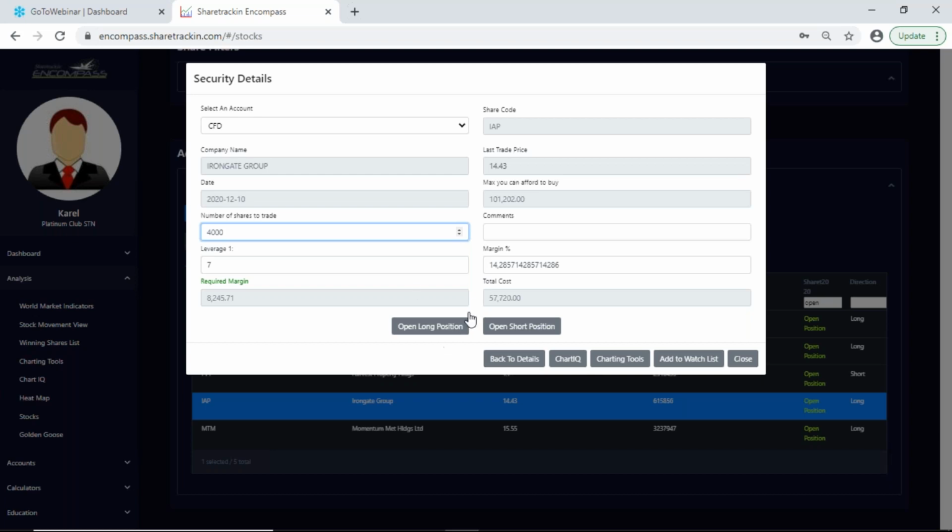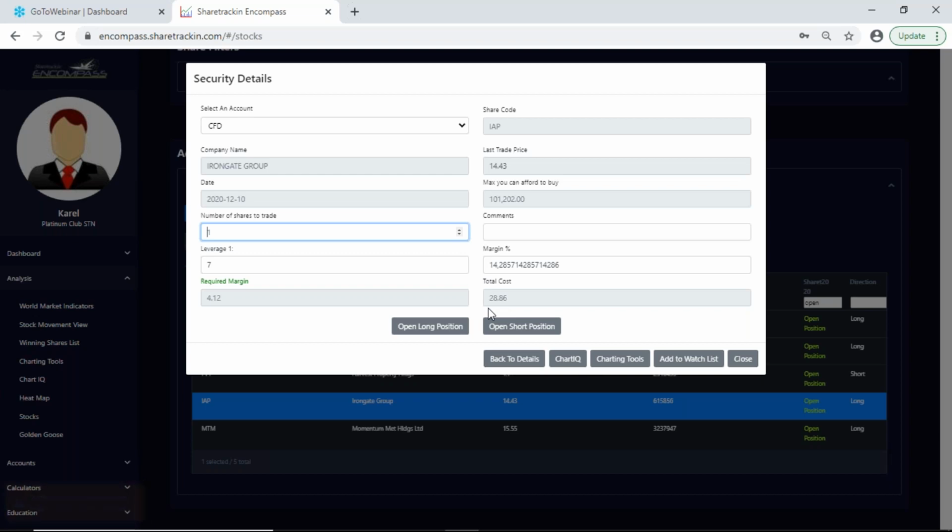So 4,000 shares requires a 57,720 Rand total cost. So of that 57,000, I am paying 8,245 Rand. I am starting with a startup capital of 5,000, so I need to bring that down quite a lot.